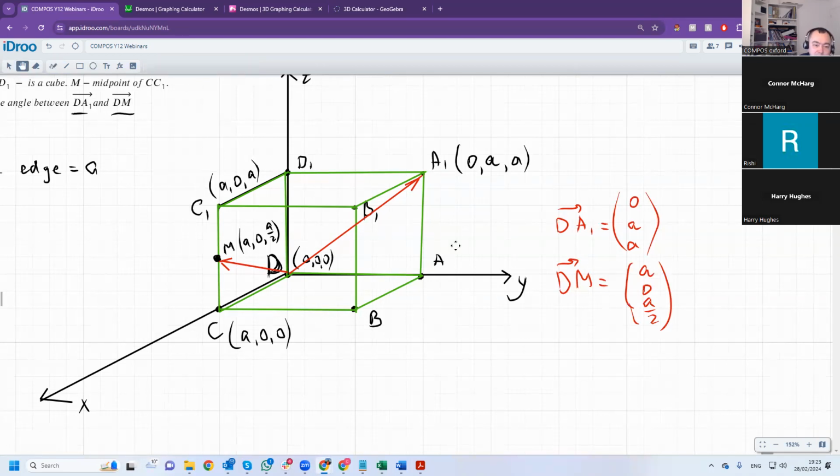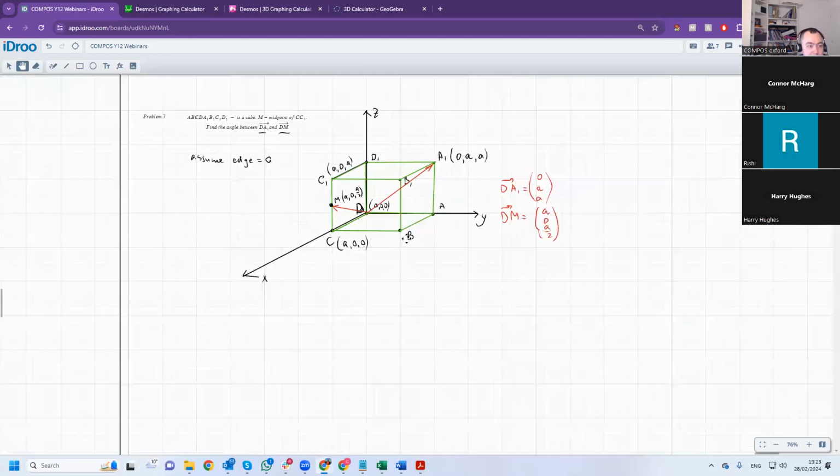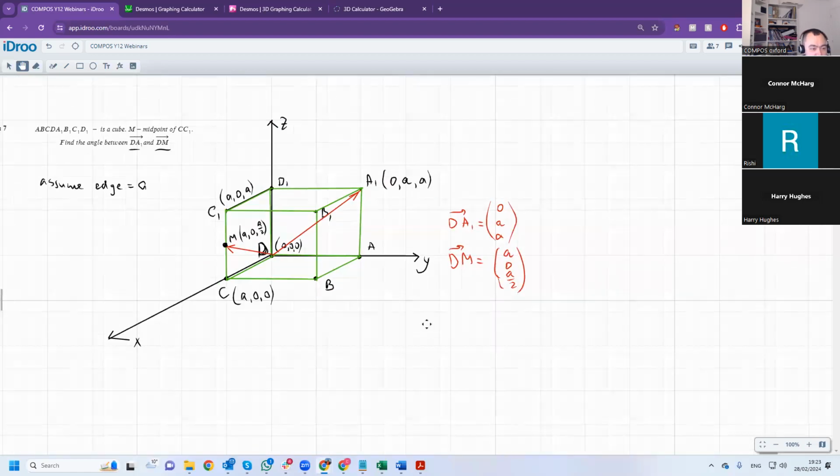And to find the angle, we need to remember the dot product. Remember that A multiplied by B is modulus A, modulus B, multiplied by cosine of the angle between the two vectors.